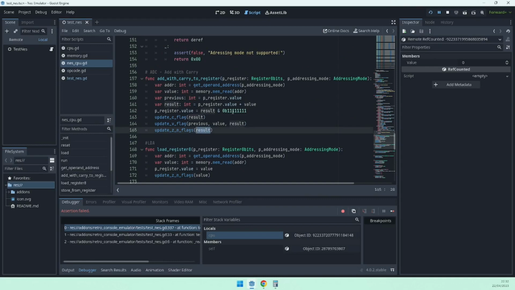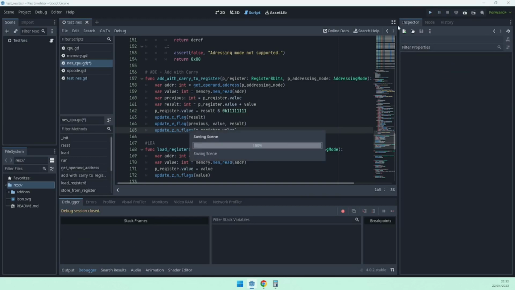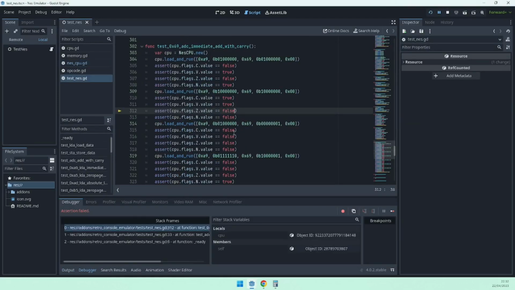I should not test result, I should test the register value. I am glad I added that test. So now this failed, and this is because this one is indeed 0.